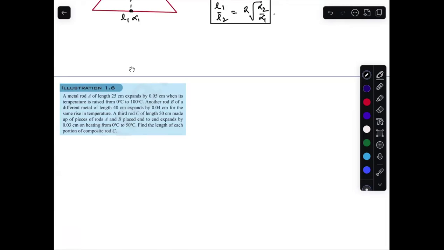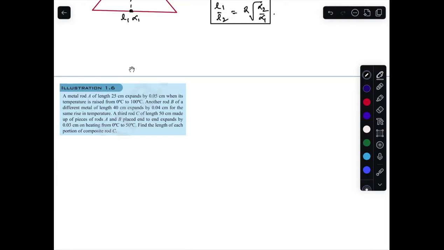A third rod C of length 50 centimeters made up of two pieces of A and B together expands by 0.03 centimeter on heating it from 0 degrees centigrade to 50 degrees centigrade. Find the length of each. See, there is some data that you need to take up.